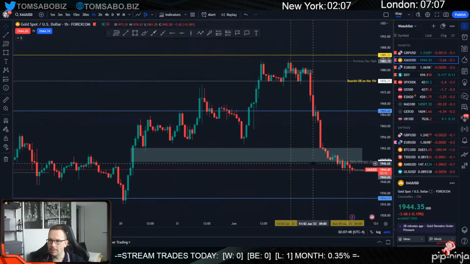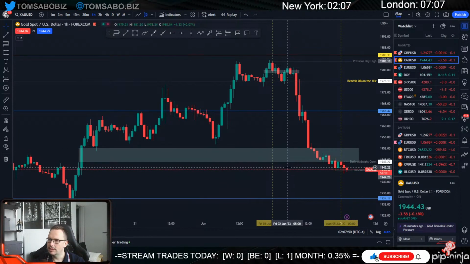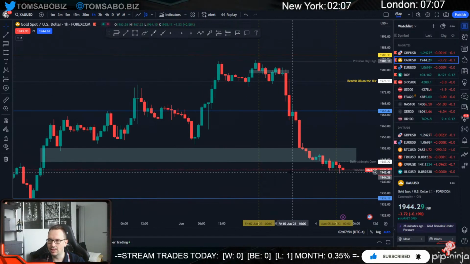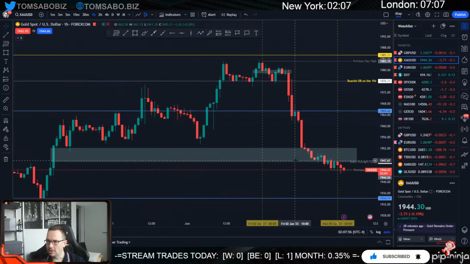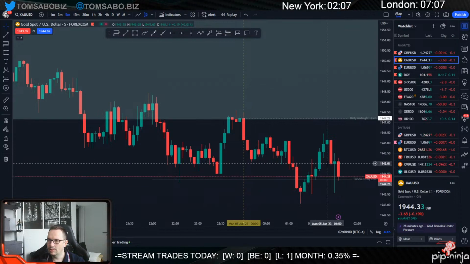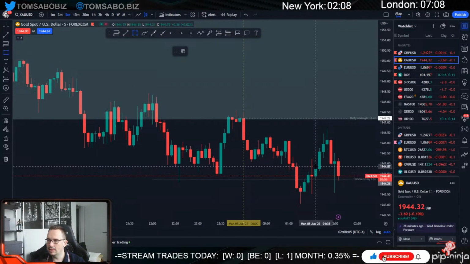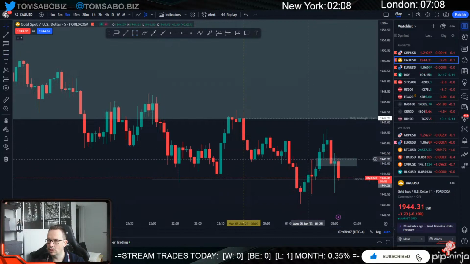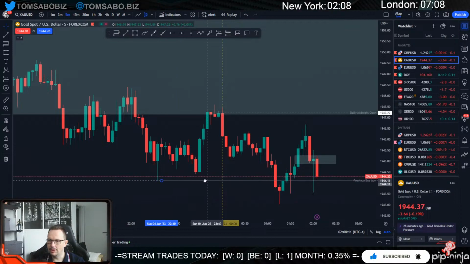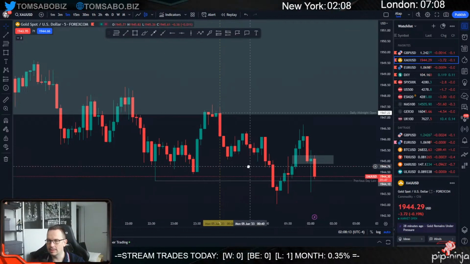So gold was dropping real heavy since Friday. I would definitely like to see a retracement here. It was not perfect, but technically we did have a structure break here. We swept liquidity from previous day, which is Sunday in this case.